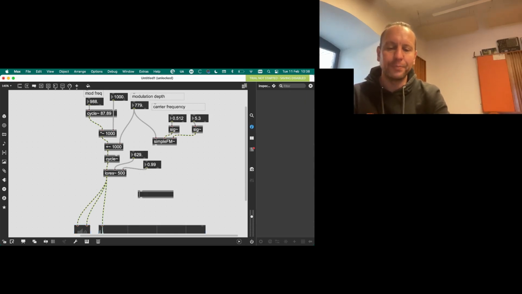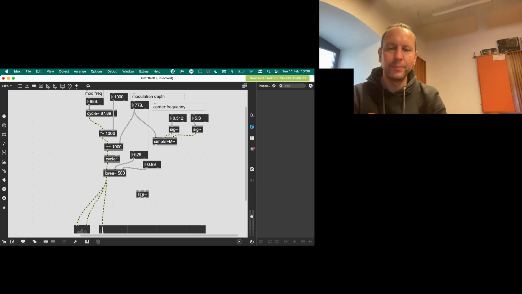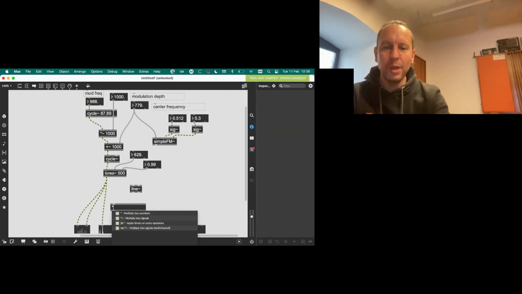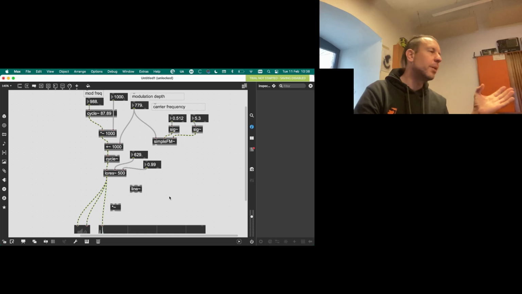In the meanwhile, the simplest thing to do is a line. And the way we apply an envelope is by multiplication. I already showed you that if I multiply with a fixed value, it's a gain control. If I multiply with a slow signal, that slow signal will determine the gain.